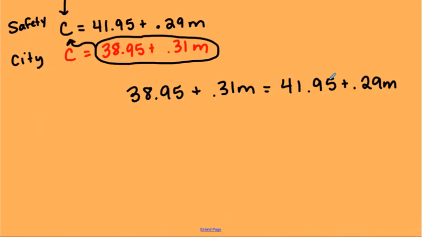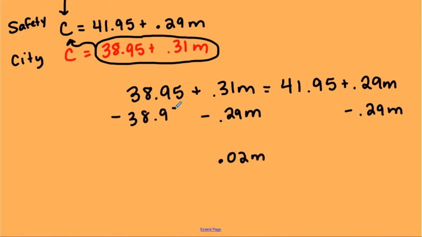All right, so now I'm going to solve for M. I'm going to bring the 29 cents over to the other side, and I can clearly see that that's going to give me 2 cents. Then I'm going to bring the 38.95 over to the other side, which is going to give me $3. And then I'm going to divide $3 by 2 cents.